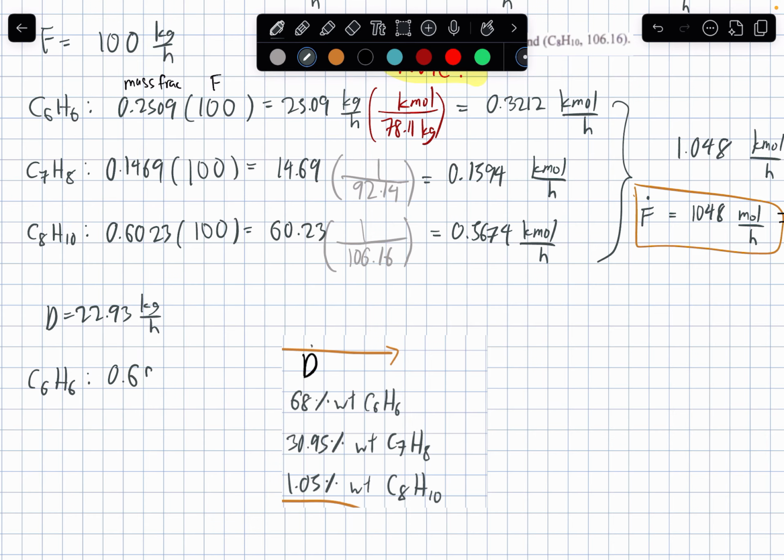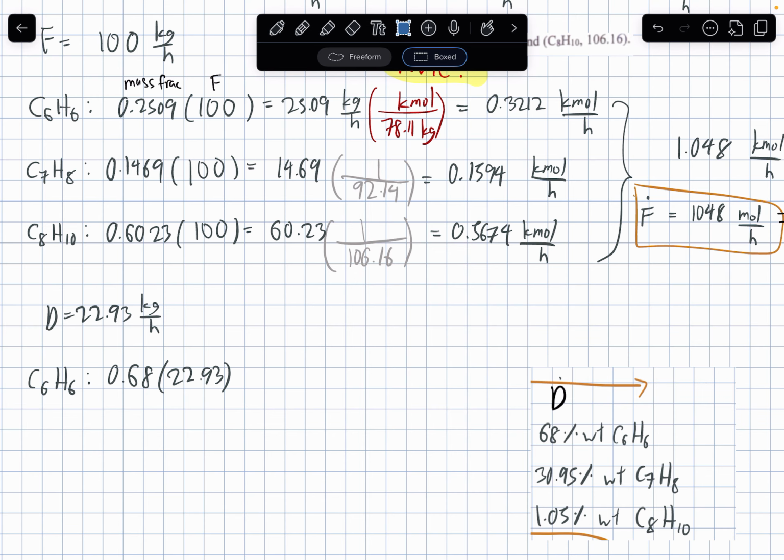So 0.68 times D, 15.59. This is still in kilograms per hour.